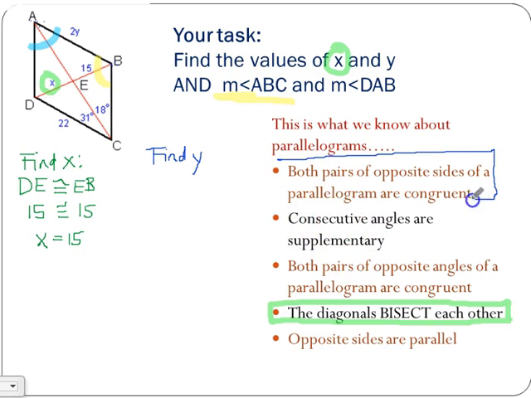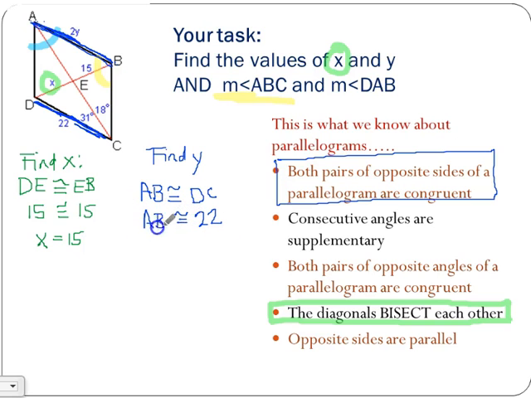Well, right here, we know that the opposite sides of parallelograms are congruent. So AB, that side, has to be the same length as the side opposite. So AB is going to be congruent to that side opposite of it, which is DC. Well, we know the length of DC is 22, so that means that AB must also be 22.